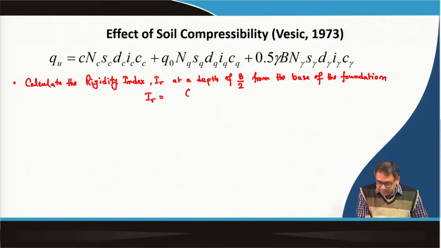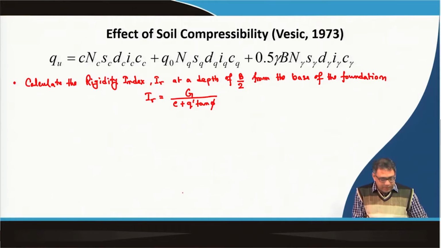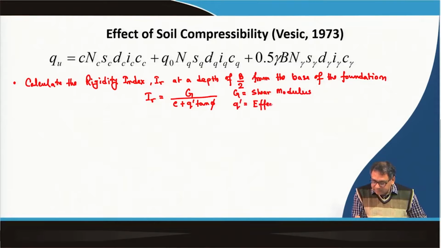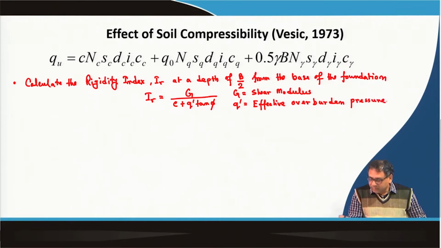IR can be calculated by G divided by C plus q dash into tan phi, where G is the shear modulus and q dash is the effective overburden pressure at a depth of Df plus B by 2.